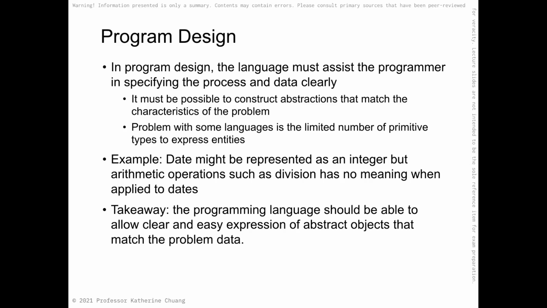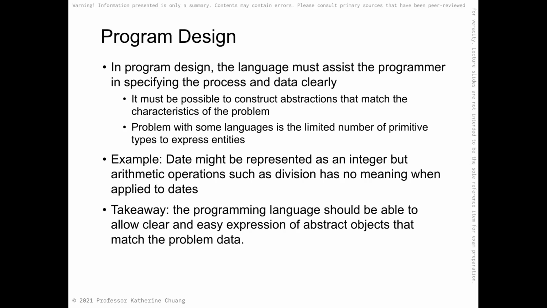So for instance, the date could be represented as a string or an integer, but if you have date as a number, like for instance, Christmas, December 25th, if you say it's an integer, and then when we talked about types in the last lecture, we were saying that when you have types defined, certain operations become available for that type, because that's what the whole typing system is about.